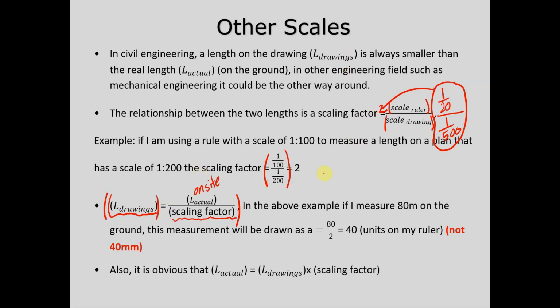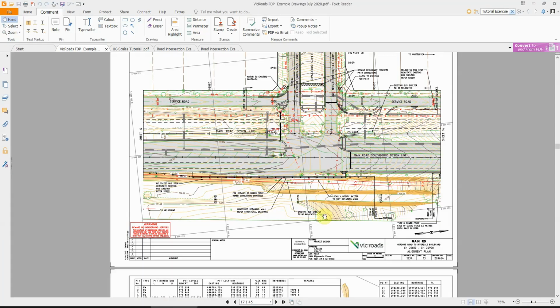Let's take an example so we don't complicate things. Let's say someone called you and said, could you please measure this distance for me on the plan, because we've got an issue on site.